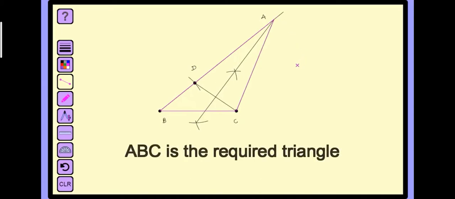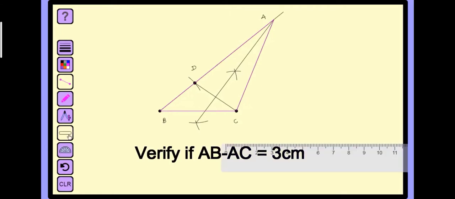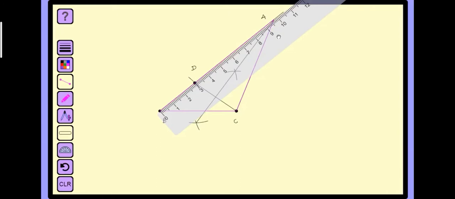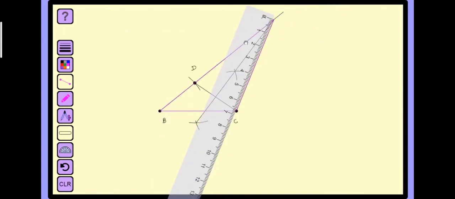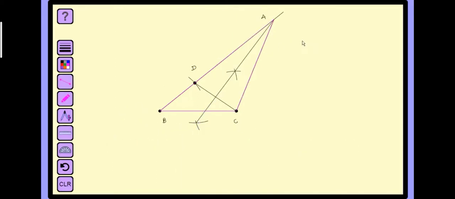Therefore AB minus AC, if you calculate, is 3 centimeter, because AC is equal to AD. Understood? By using the scale you can measure and calculate also.